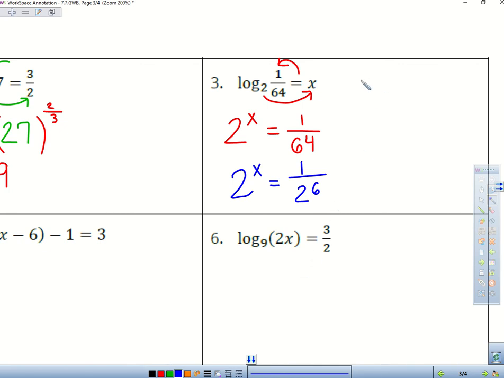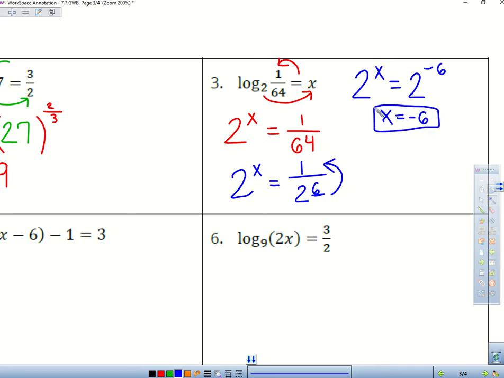Then if I want to bring it up to the numerator, what can I do with that exponent to bring this up to the numerator? Anyone remember? Make it negative. Negative, very good. So now my answer is just x equals -6.